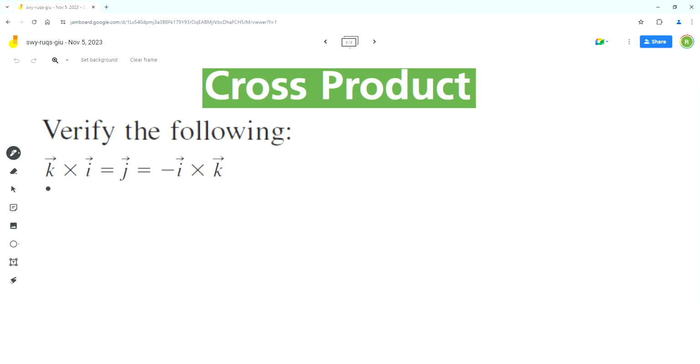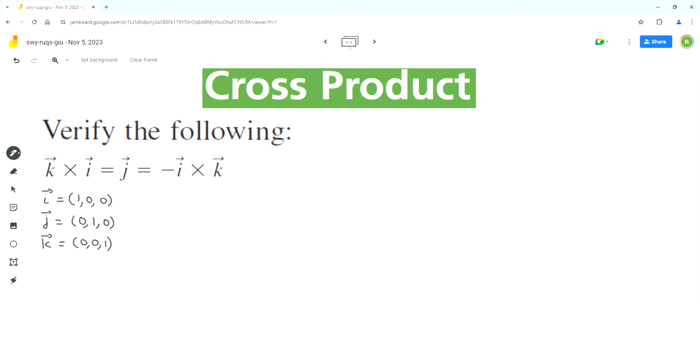The first step is to write these vectors in component form. So we can write vector i as 1, 0, 0, vector j as 0, 1, 0, and vector k as 0, 0, 1.